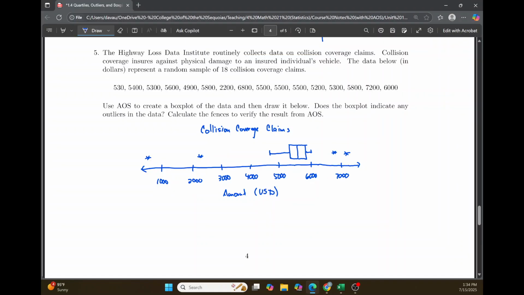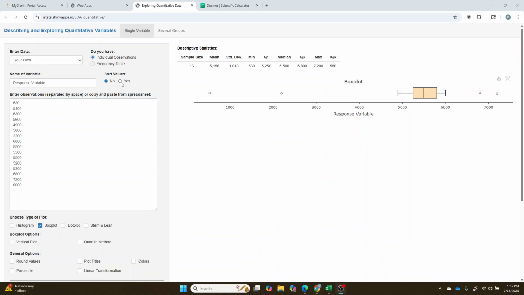Okay, so here I've just copied down the box plot that we had from Art of Stat. And what we would like to do now is, yes, we do have outliers, right? Does the box plot contain outliers in the data set? Yes, there are 4, right? One of the things that I want to show you real quick, if you want to know what the values of those outliers are, is you can, in Art of Stat, sort the values from smallest to largest.